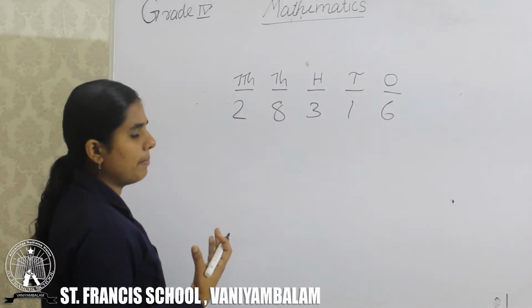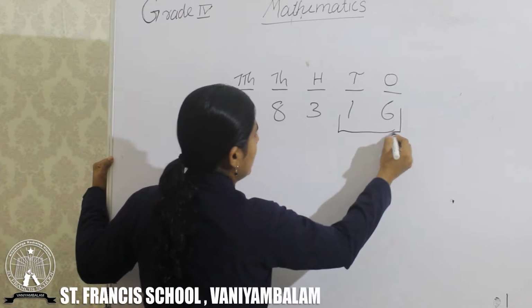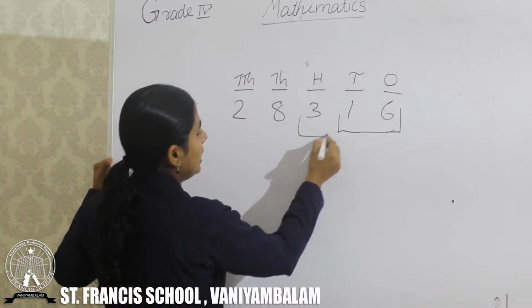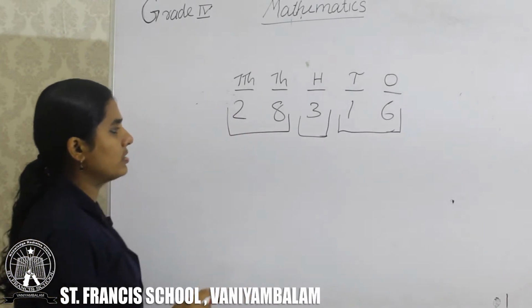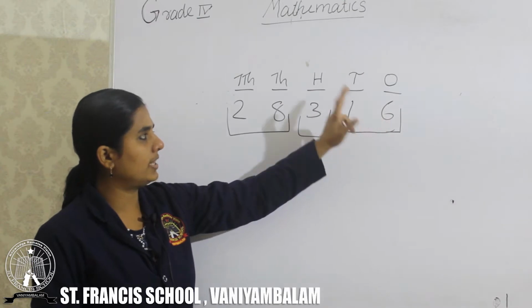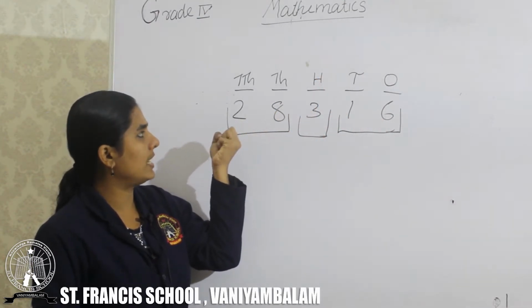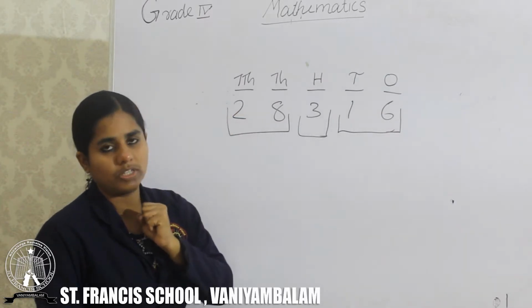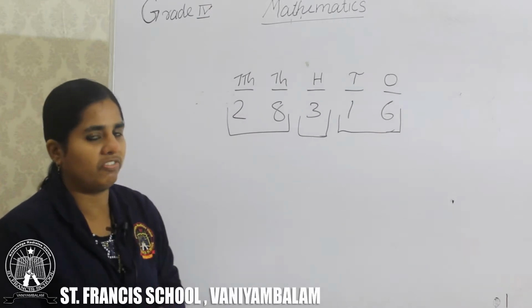First part ones and tens together, second part hundreds, then third part 1000 and 10,000 together. This is in one family.